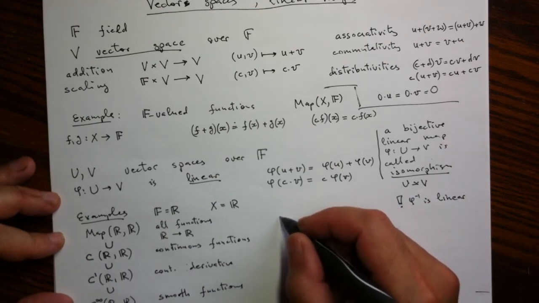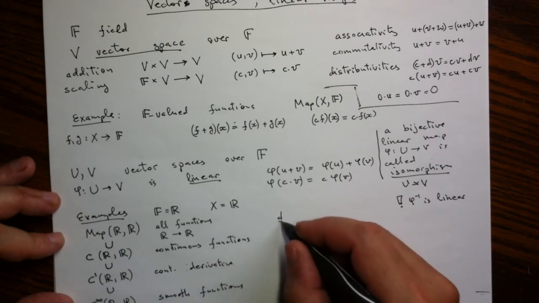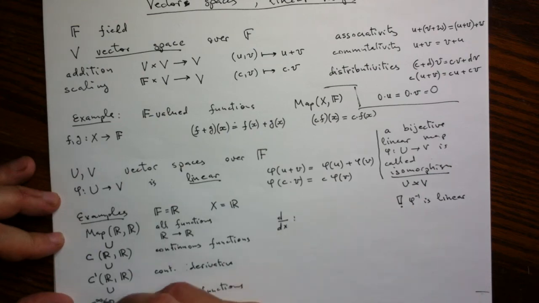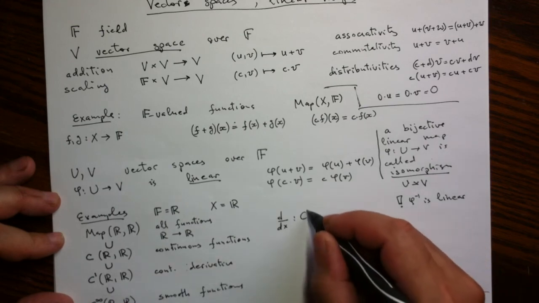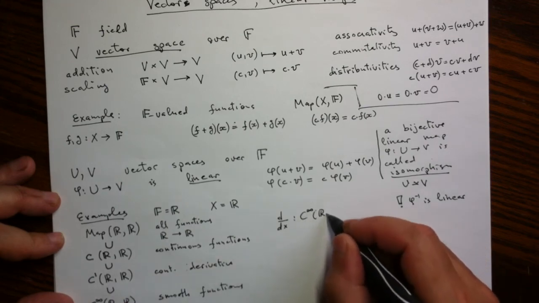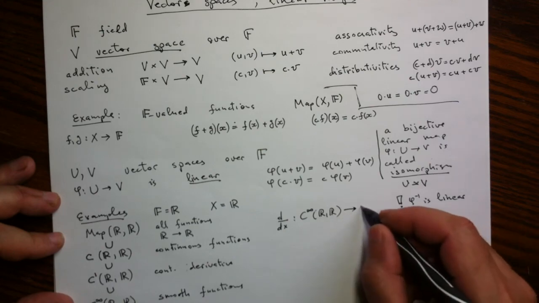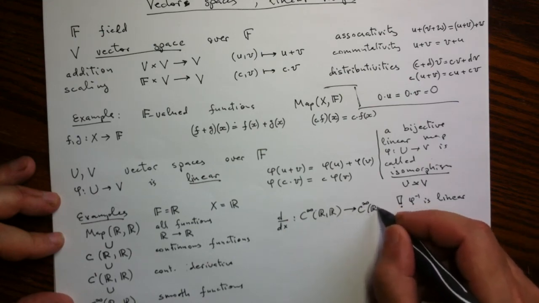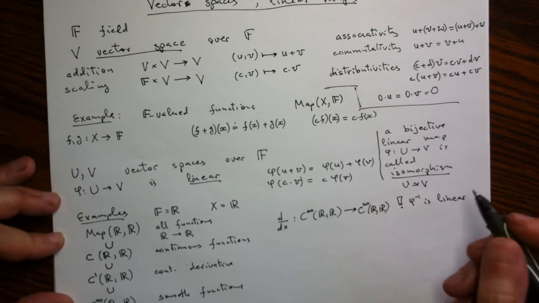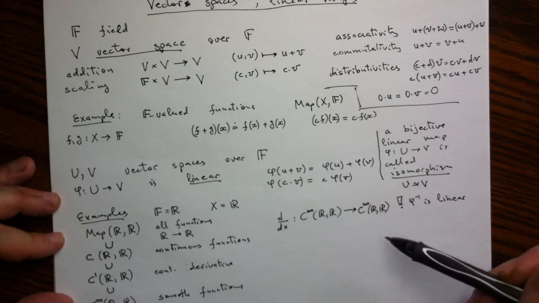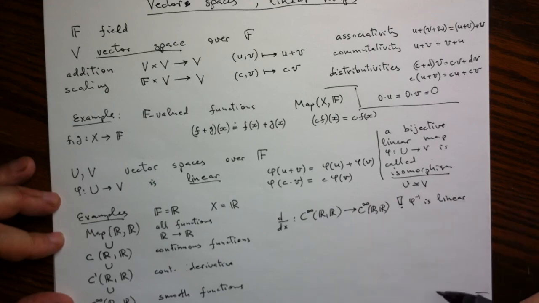Let's again borrow from calculus the operation of taking a derivative. If we look at the smallest subspace of smooth functions, infinitely differentiable, then this operation can be considered as starting and ending in the same set of smooth functions. So if we differentiate, infinitely differentiable will still be infinitely differentiable.